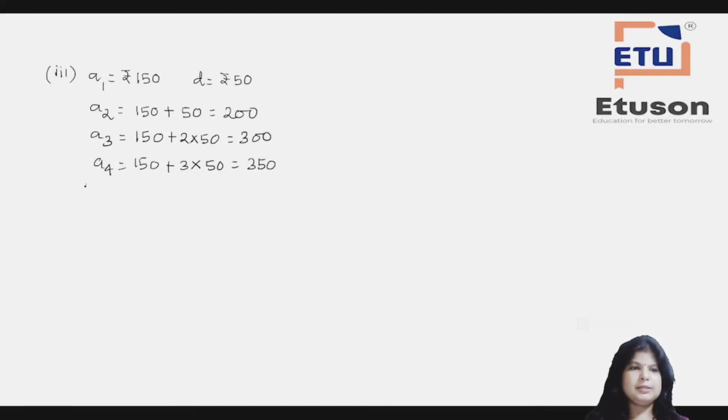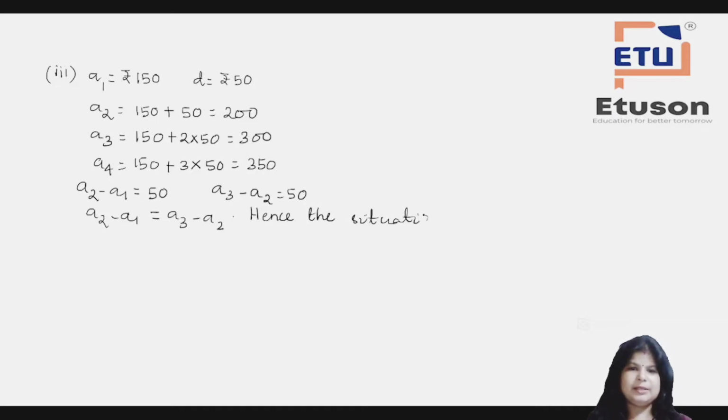So now you can see what A2 minus A1 is. It is 50. What is A3 minus A2? That is 50. So as A2 minus A1 is equal to A3 minus A2, hence the situation represents an AP. Correct or not? Okay, so now let us go to the next part.